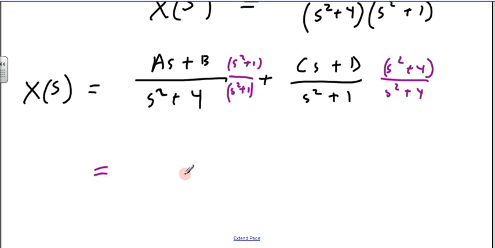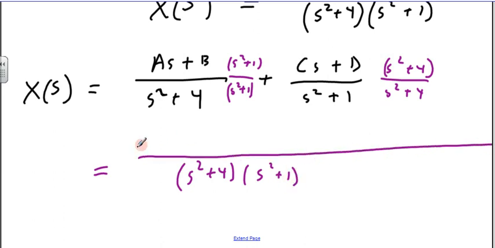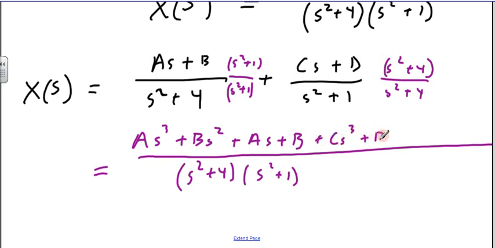So I'm going to have s squared plus 4 times s squared plus 1, and then on top, a s cubed plus b s squared plus a s plus b, and I'm going to have c s cubed plus d s squared plus 4c s plus 4d.